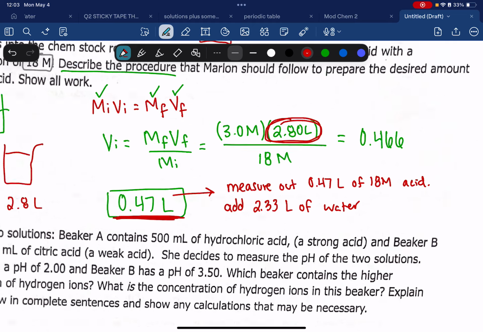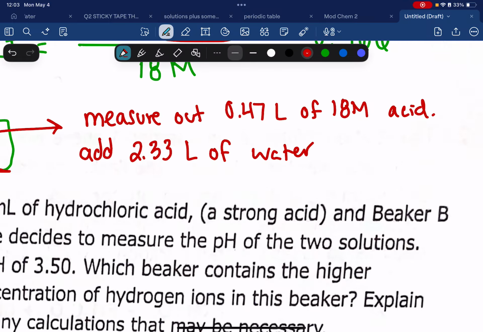And that's it. Now, technically, there's a safety concern here, which you don't need to know for the test or anything, but technically you should always add acid to water rather than adding water to acid. This is because when you mix water and acid, especially concentrated acid like this, it releases a lot of heat.